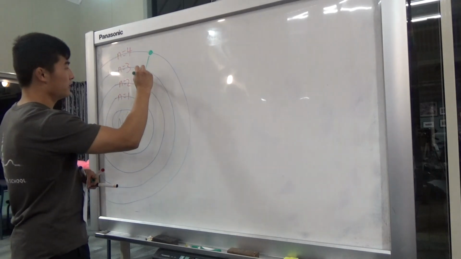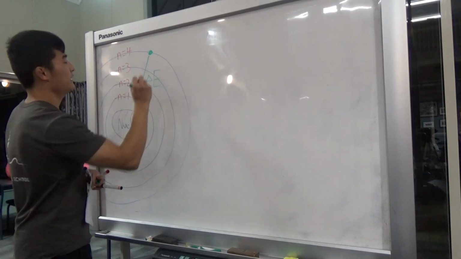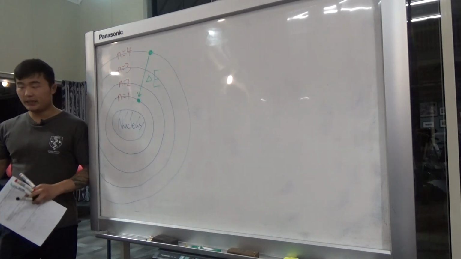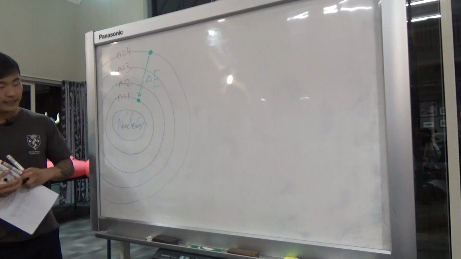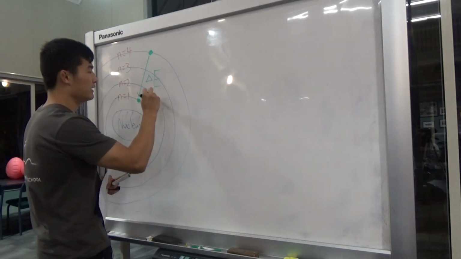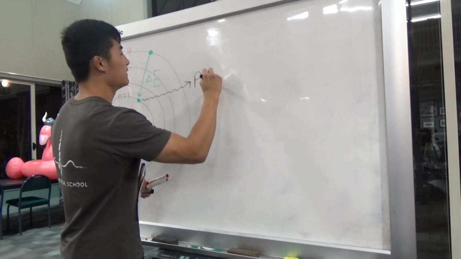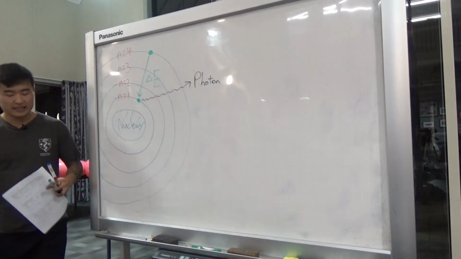So there's going to be a change in energy. Because that energy can't just disappear, energy is going to be emitted in the form of a photon. So we've got a photon coming out.